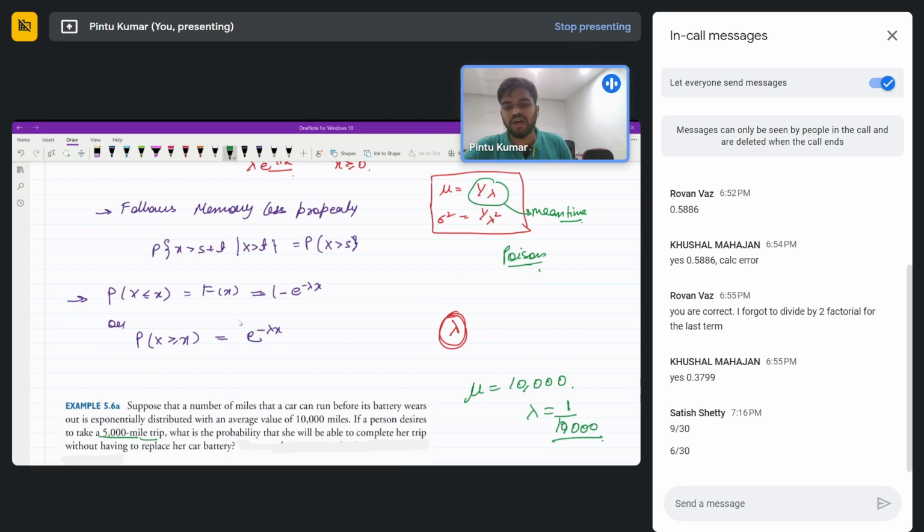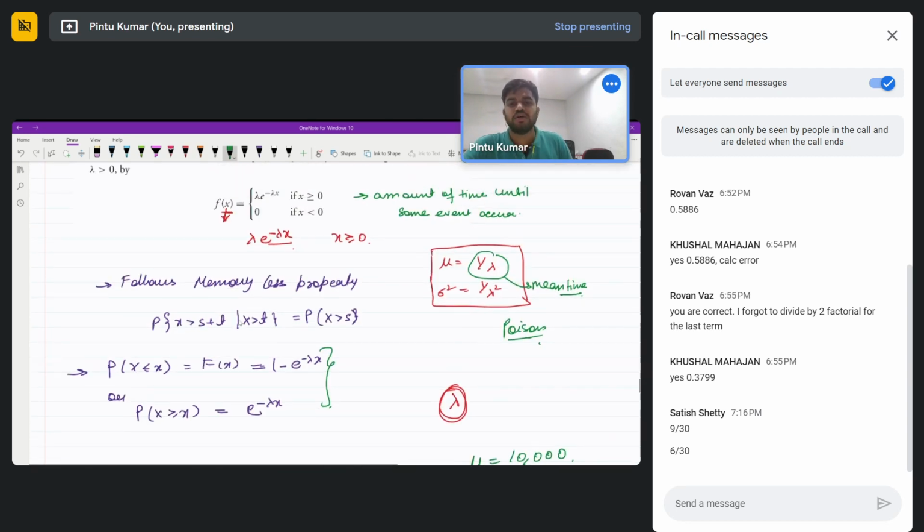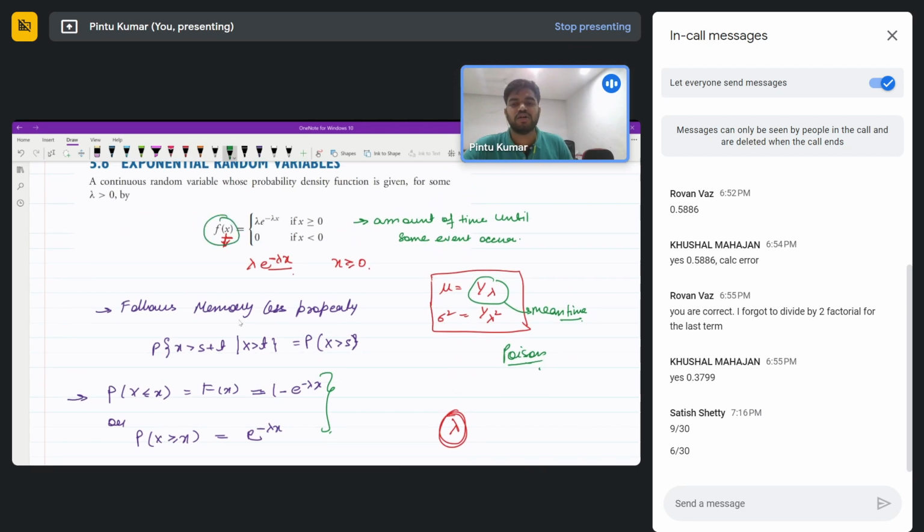Here are two formulas that we will use for this. Based on this, people have integrated it: the probability that x is less than x is nothing but the integration from 0 to x of lambda e to the power minus lambda x. If you integrate it, you will get this value.